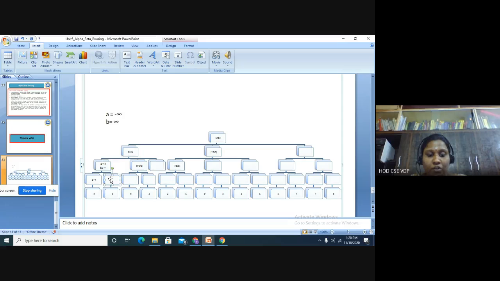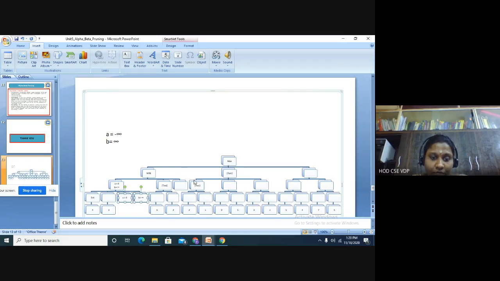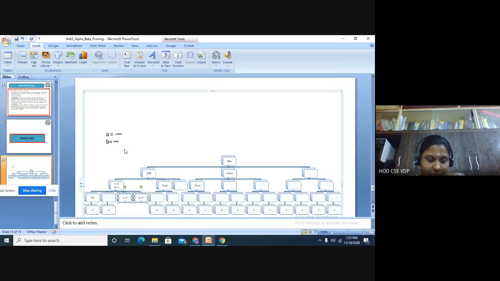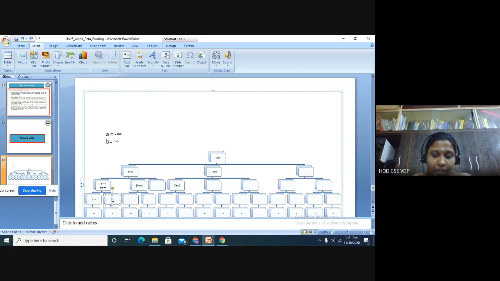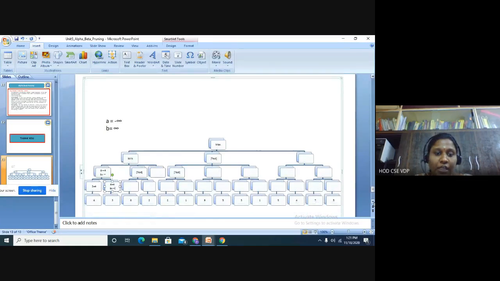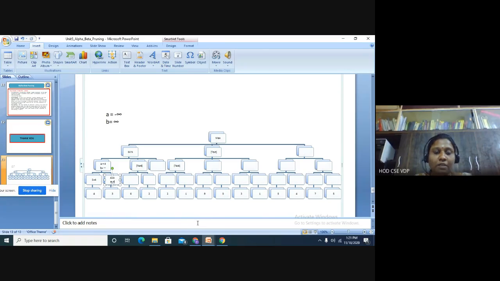So I take A equal to 4 and B equal to infinity, since initially it is infinity. Then I'll be assigning the value of 3 to beta. So this becomes 3.